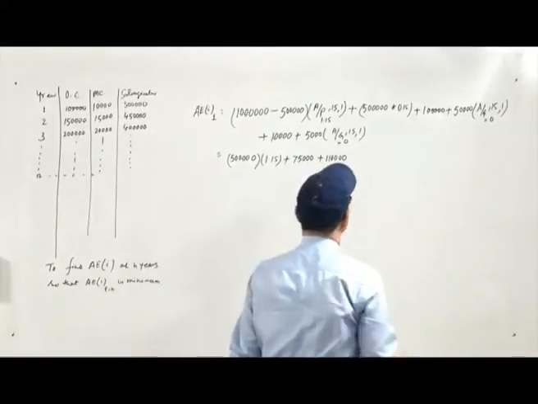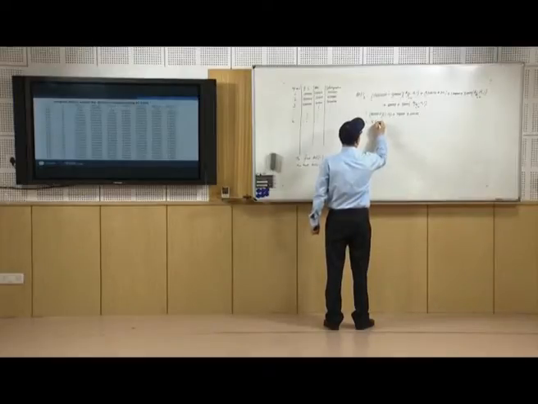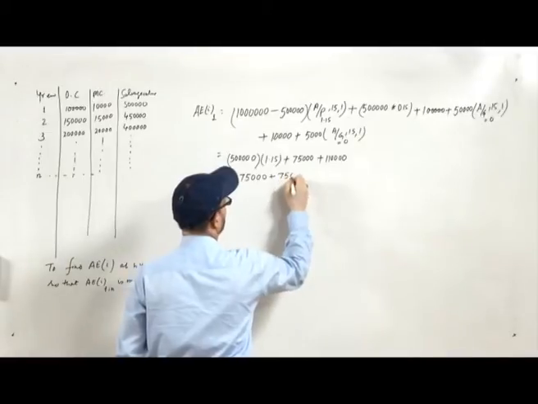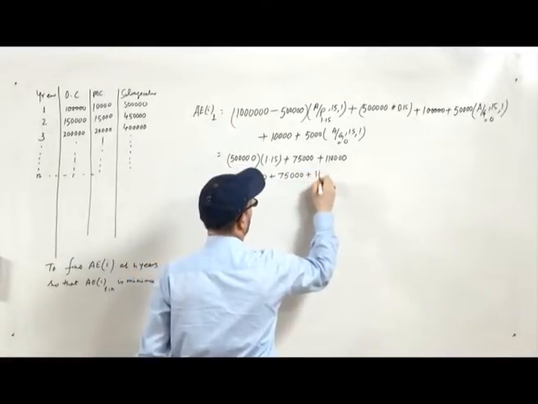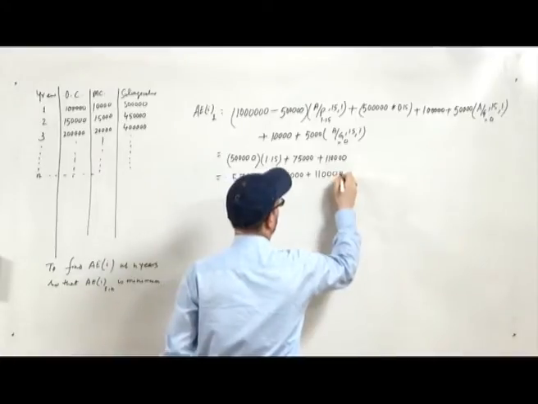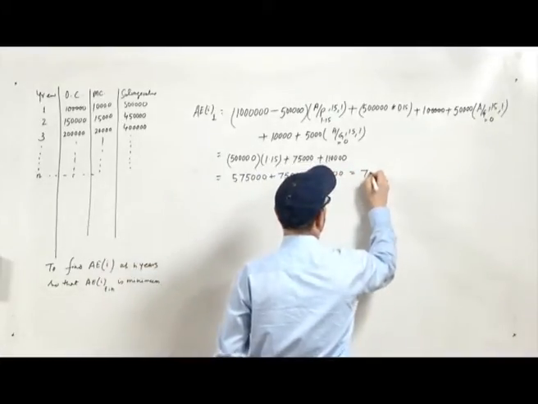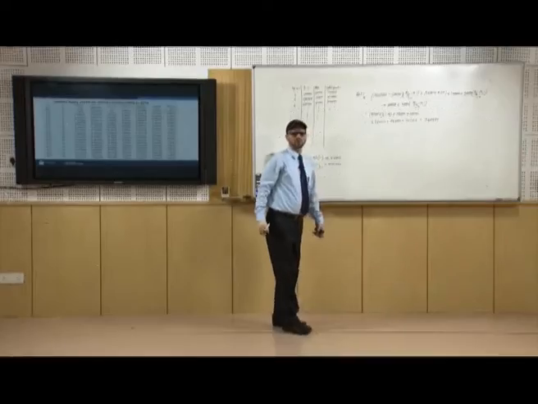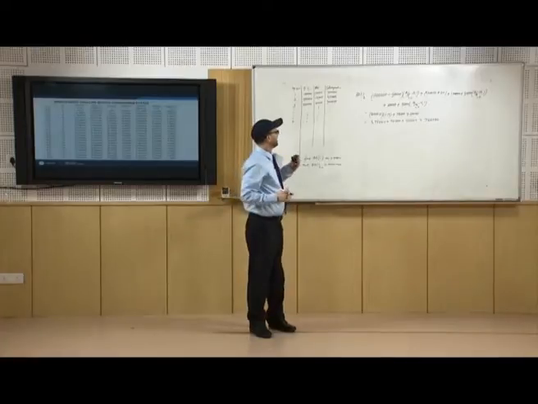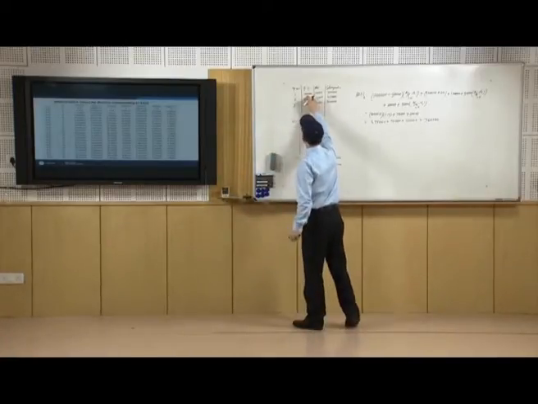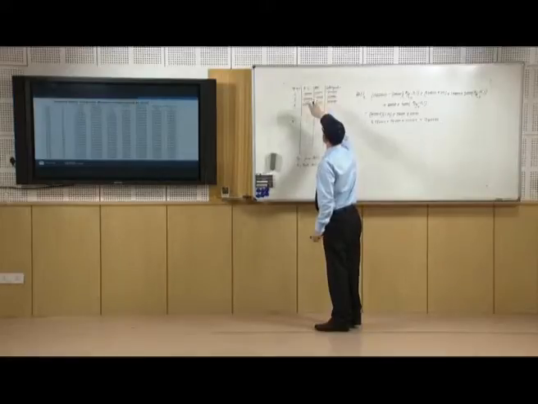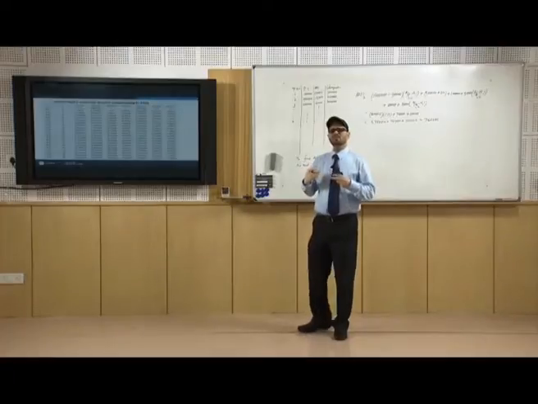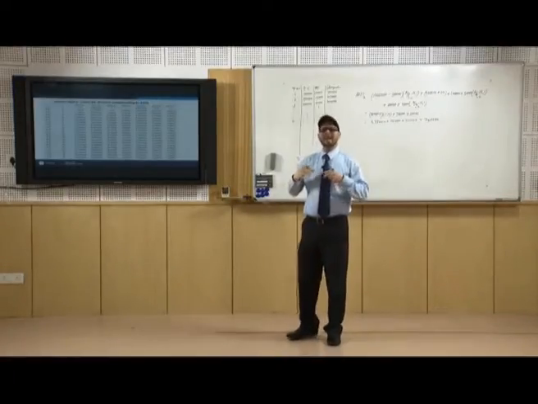If we take this value, it becomes 575,000 plus 75,000 plus 1,10,000, which equals 7,60,000. So, this is the annual equivalent value at n equal to 1, because at n equal to 1 your operating cost is 1 lakh, maintenance cost is 10,000 and salvage value is 5 lakh. Now, if you are going to use the machine for 2 years, then n becomes 2.